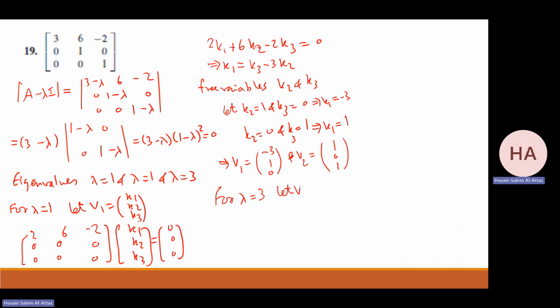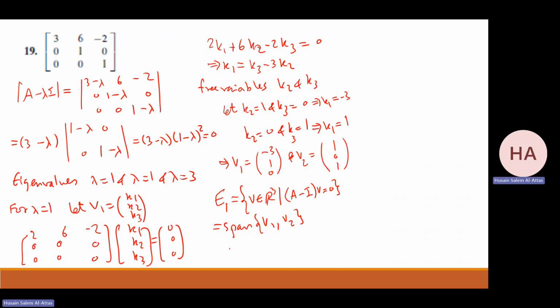Oh, by the way, now I have an eigenspace. My eigenspace, because the dimension is 2 here, will be all V in R3 such that A minus lambda I, where lambda is 1, times V equals 0, which will be spanned by V1 and V2.